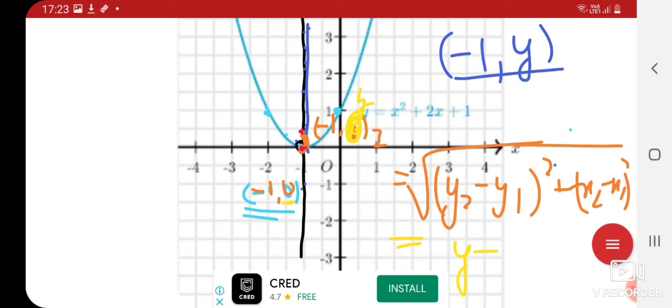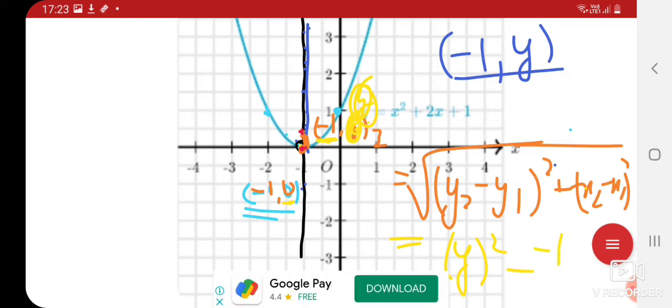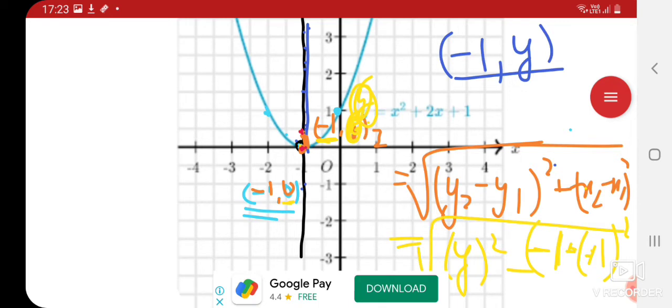So y subtracted by 0 will give us y. This is our square minus x2. What our x2 is, as you have taken this as y2, so this will be our x2. Okay, then this will be minus 1 minus minus 1 square. This minus will be then plus, and minus 1 plus 1 will give you 0, and it will be simply y square under root, which will give you y only.